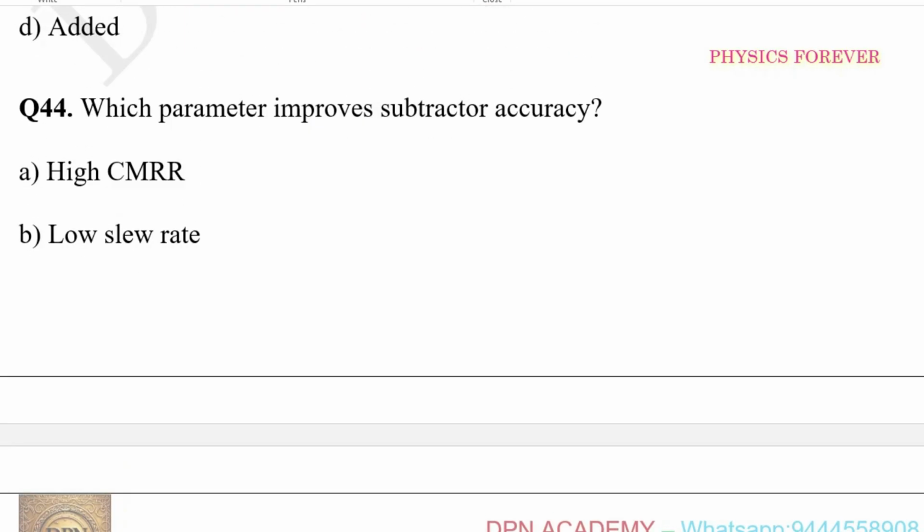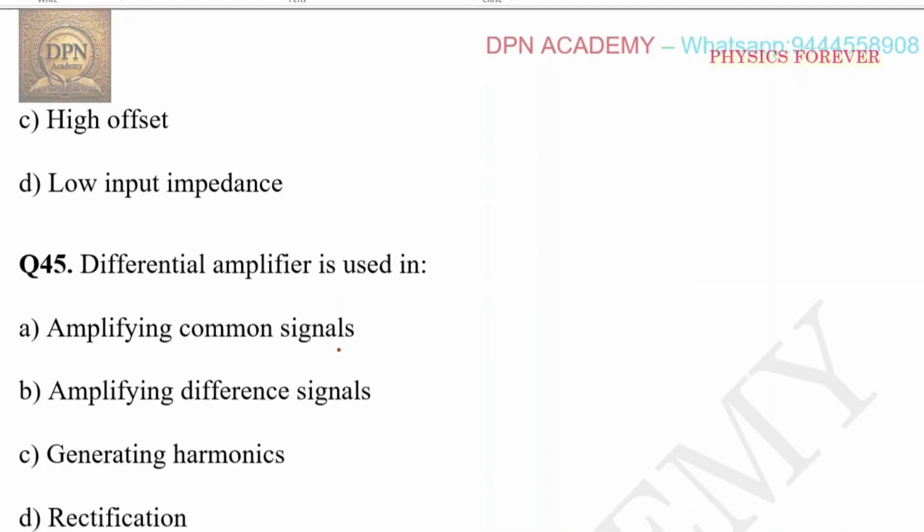So then question number 44: which parameter improves subtractor accuracy? That should be CMRR, the common mode rejection ratio. It is essential for accuracy when using the subtractor. So option A is correct.